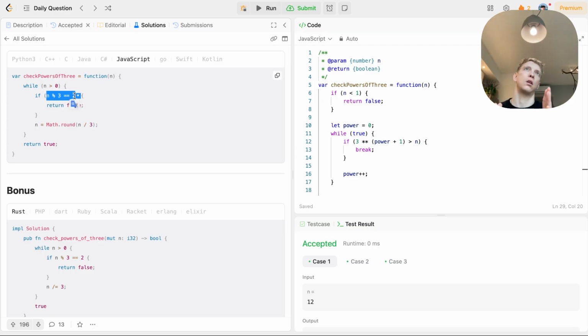If it is 1 or 0, then we will have the next step. After that, we will divide n by 3 and return true. So the approach is completely different.